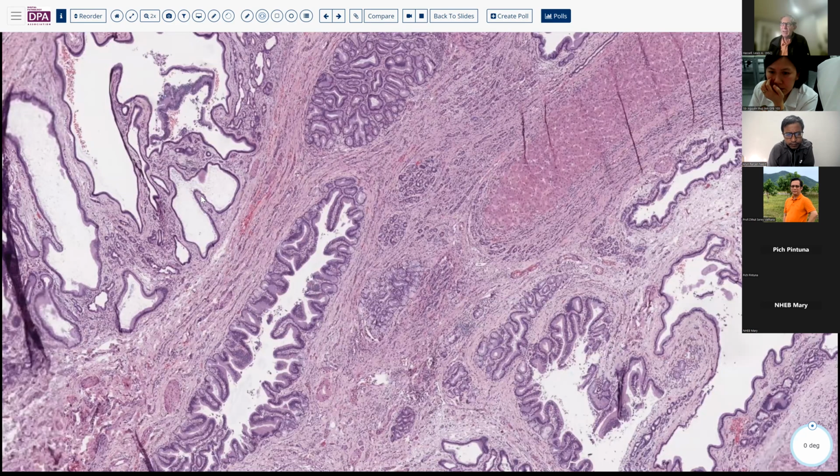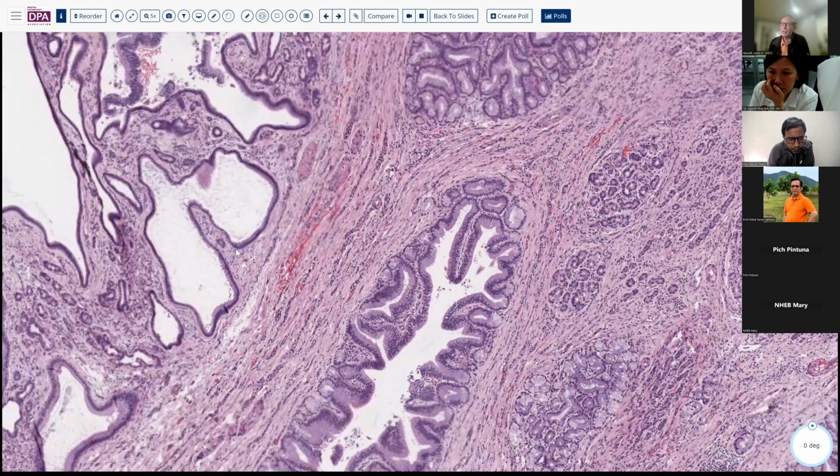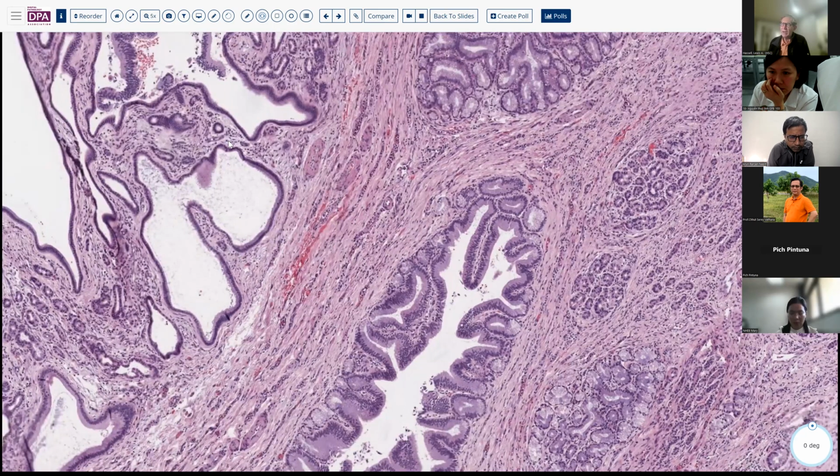And typically, these cells are just slightly enlarged. So here's a very low-grade atypia here, just slightly enlarged biliary type epithelial cells, maybe a normal biliary structure over here.